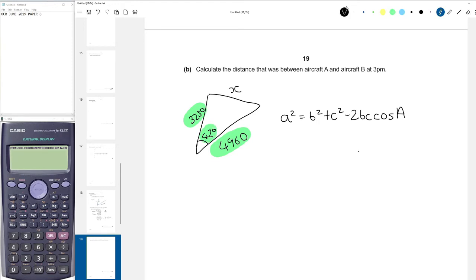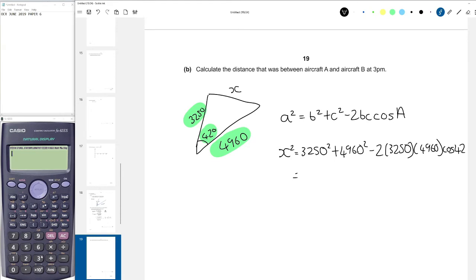So to substitute it in, we know that x squared would equal 3,250 squared plus 4,960 squared minus 2 times 3,250 times 4,960 times cos of 42.